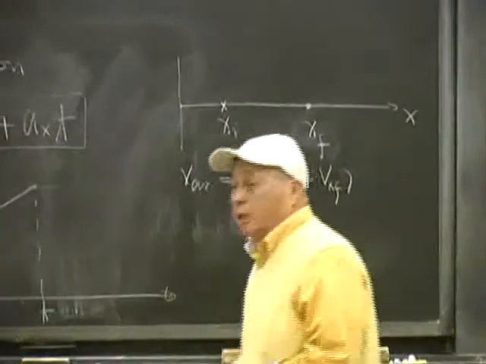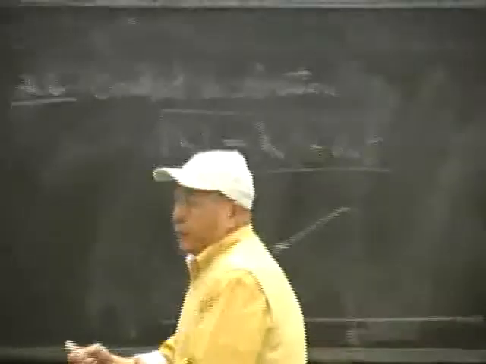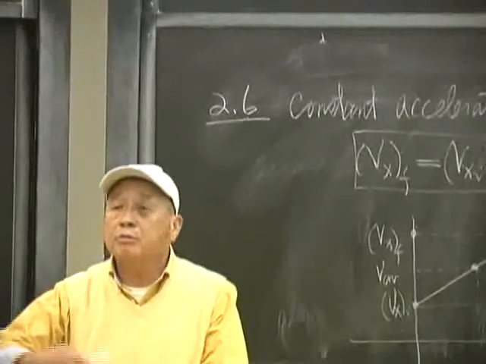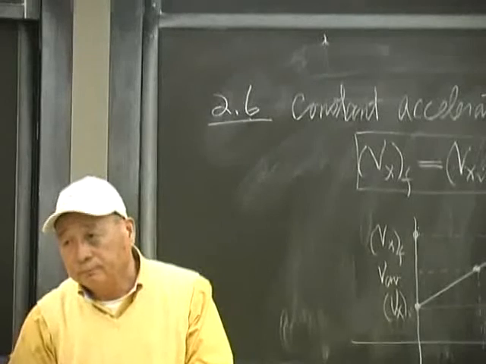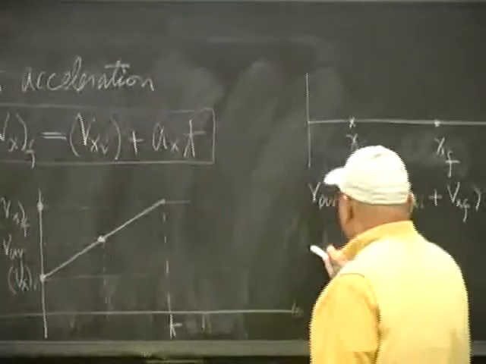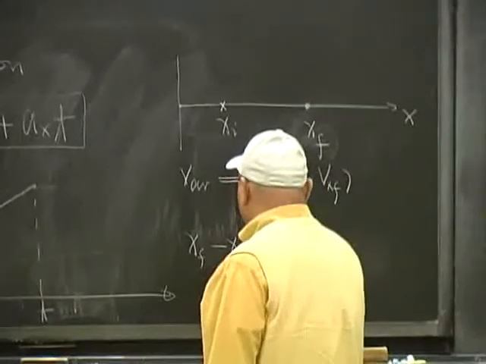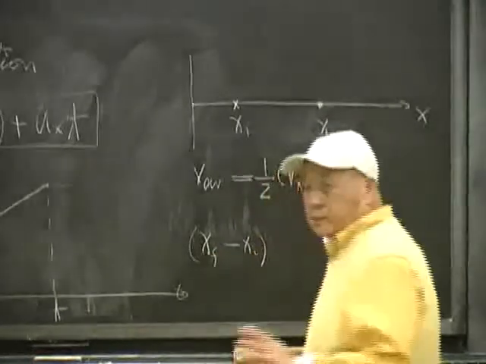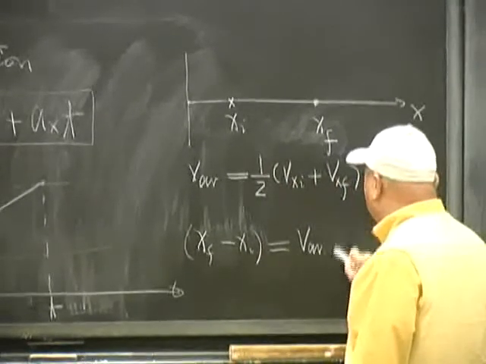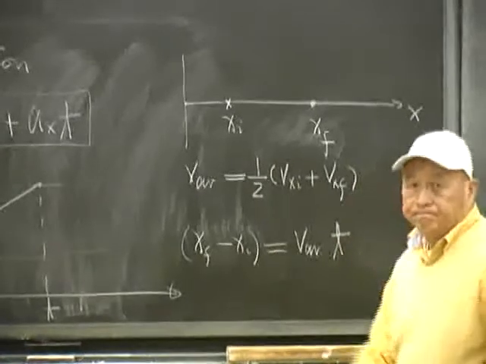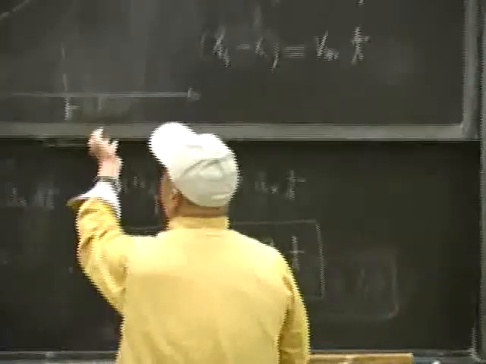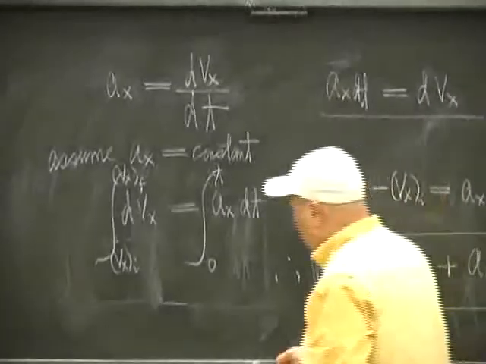Now we go back to the original thing we were talking about: the average speed times time equals the distance you travel. So x sub f minus x sub i, the distance you travel, equals v average times t. So in these cases, we are getting something very important.